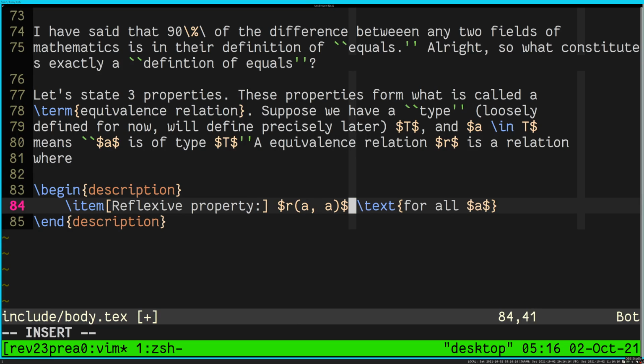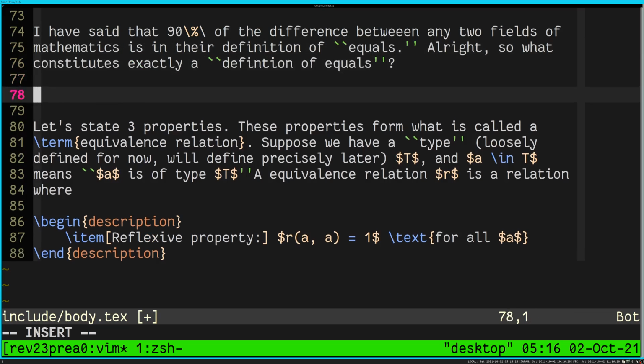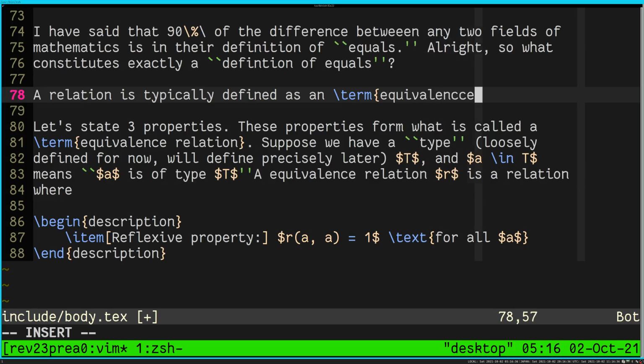R(A, A) equals 1. Let's call A defined as a term equivalence relation.